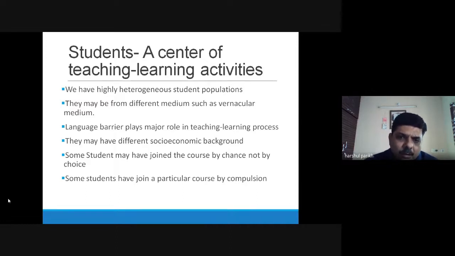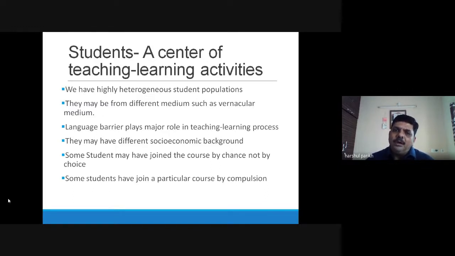First, we all know that our students are highly heterogeneous. They have schooled in different mediums, like vernacular. Vernacular means local native language. And we know that in professional courses and even in graduation, English, an international language, is more emphasized.